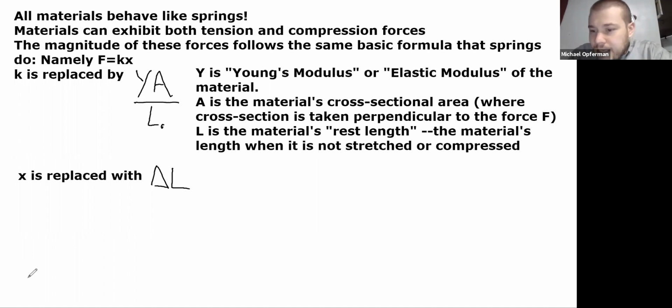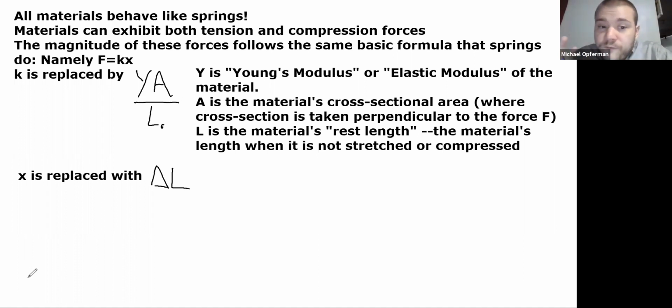Final length minus initial length. So that's the change in the object's length. In other words, that has the same meaning as X, because X, remember, is the change in length from the rest length to the actual length. That's the same thing that delta L means. So it's really just a different variable that's representing the same idea.